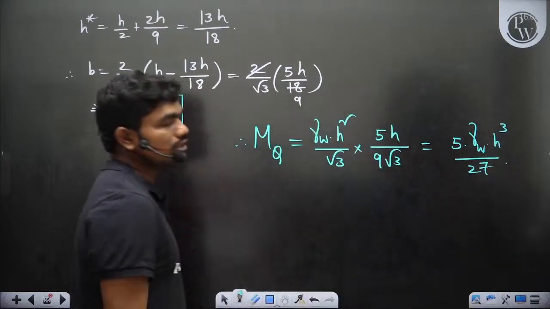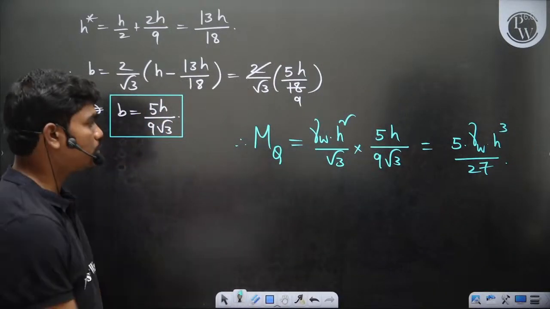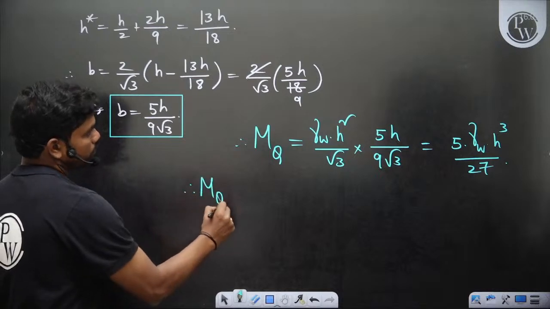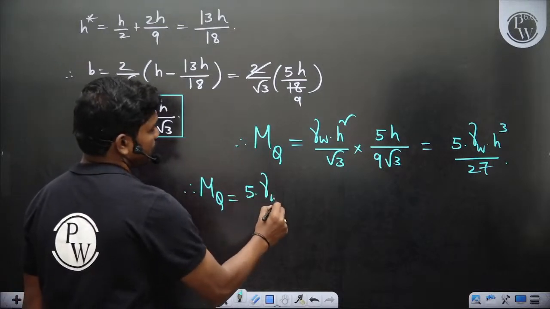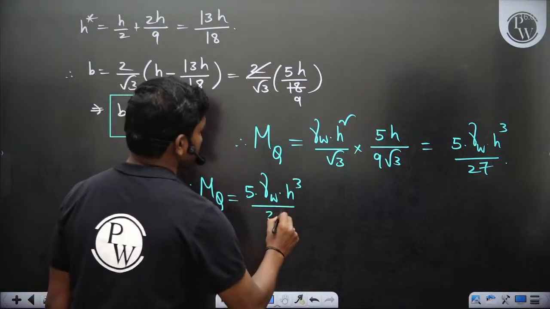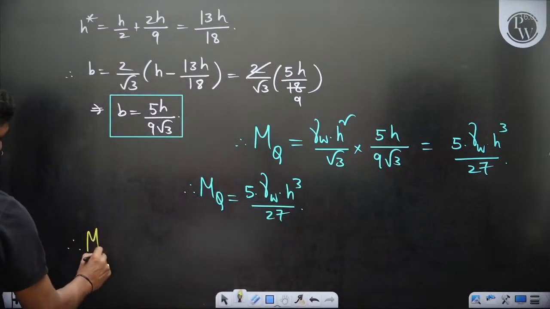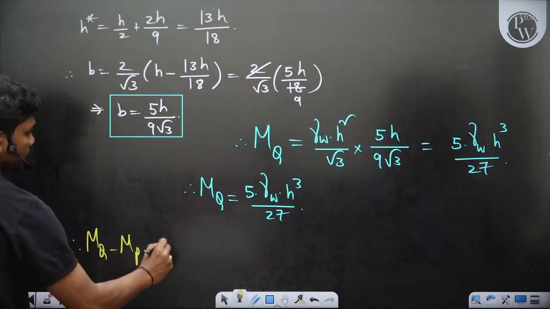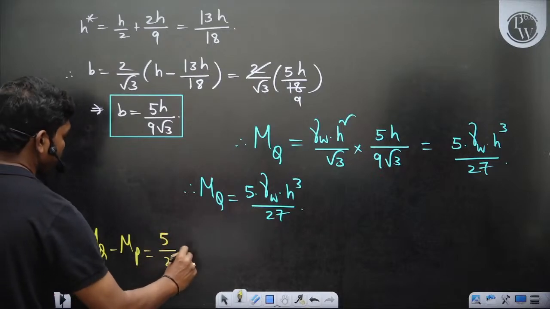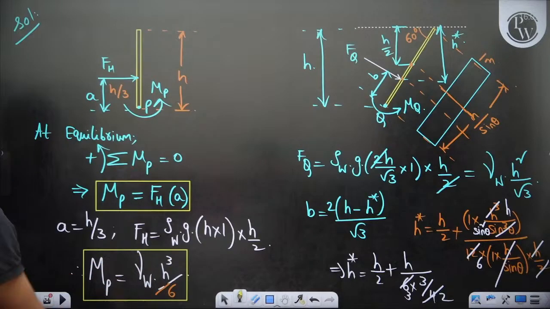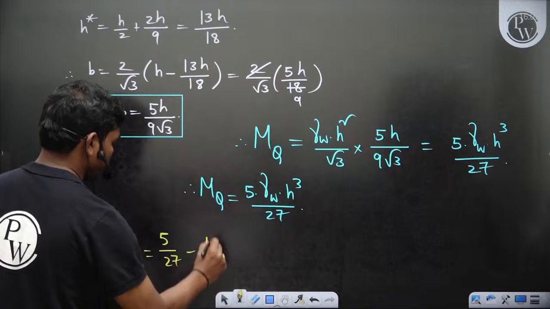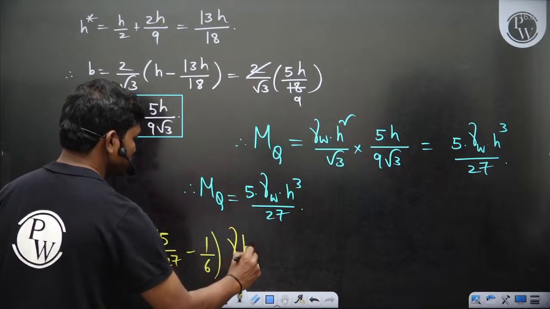Okay, so this is the moment which is acting at the point Q, of course. So MQ is 5 gamma w h cube by 27. If you calculate MQ minus MP, so 5 by 27 minus 1 by 6 times gamma h cube.